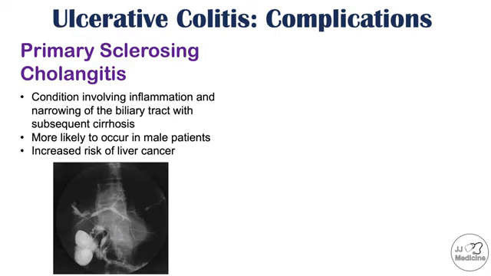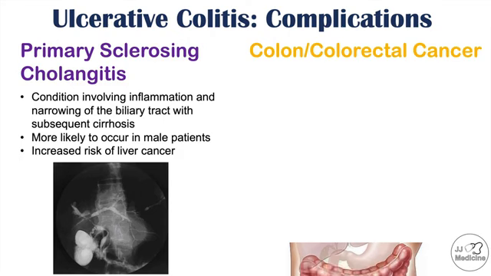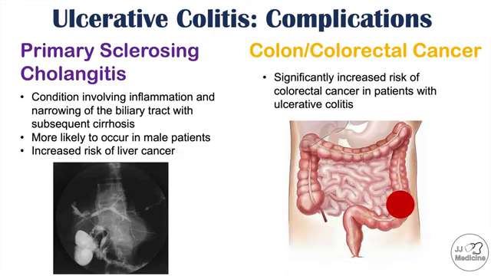Now, something very, very important to remember and take note of is that ulcerative colitis patients are at an extremely high risk of colon or colorectal cancer. So they are at significantly increased risk of colorectal cancer. So within 7 to 10 years of the diagnosis of ulcerative colitis, it's important to start screening patients for colorectal cancer.